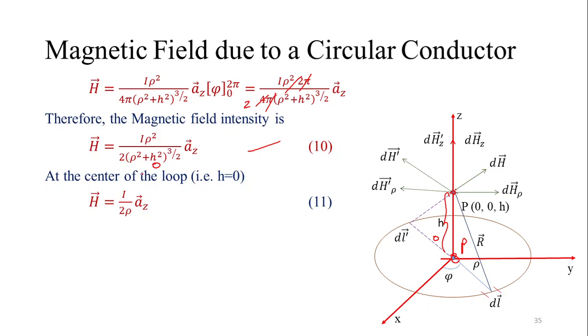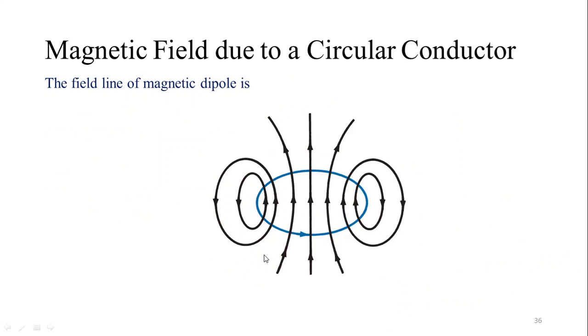So if you substitute z is 0, H vector is I rho square divided by 2 into rho square plus 0 power 3 by 2 az vector. This rho square will cancel, so you will get I by 2 rho. So at the time the field will be like this.